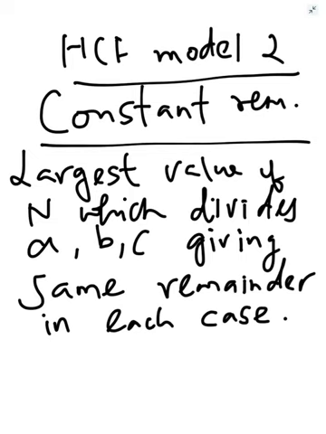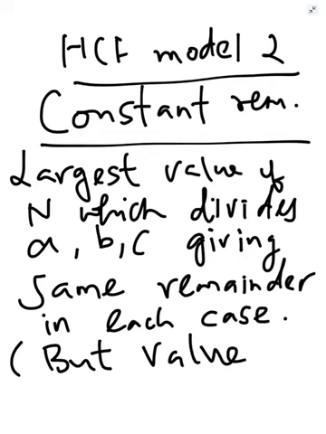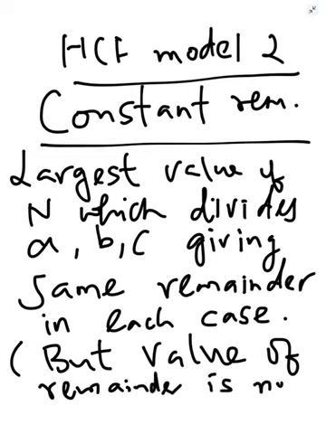So n is such a number which will divide different numbers A, B, C, giving the same remainder in each case, but the value of the remainder is not given in the question.